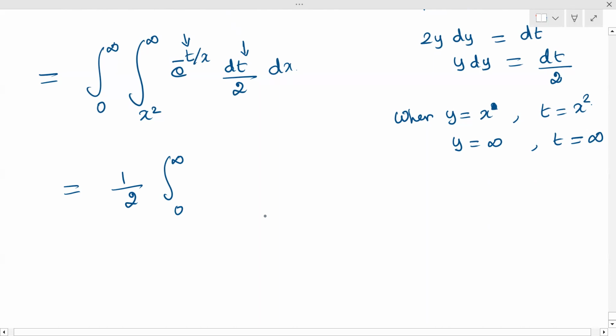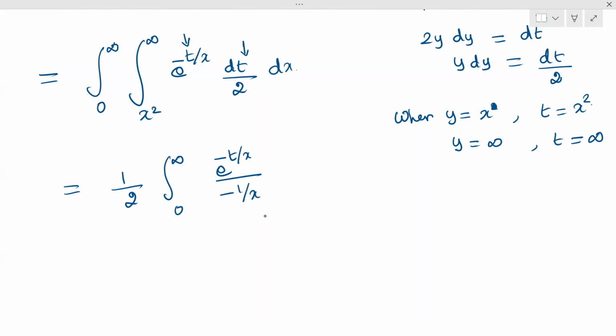Integration of e power ax dx is e power ax upon a. So in the place of a, we have minus 1 upon x.